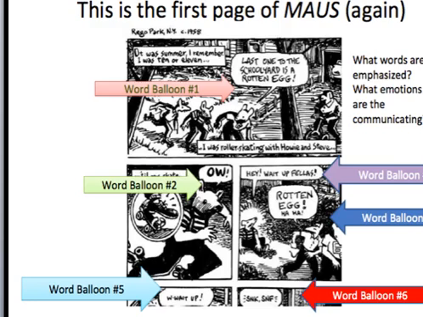In word balloon 1, there's emphasis being put on the last word, egg, because it's in caps. Again, rotten egg in word balloon 4 is in caps. So being very attentive to what is being emphasized is important to be able to decode the overall interpretation of the graphic novel.